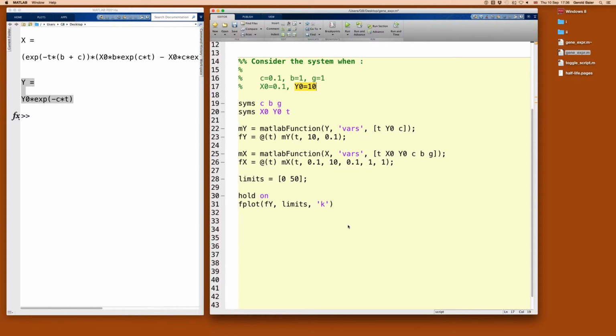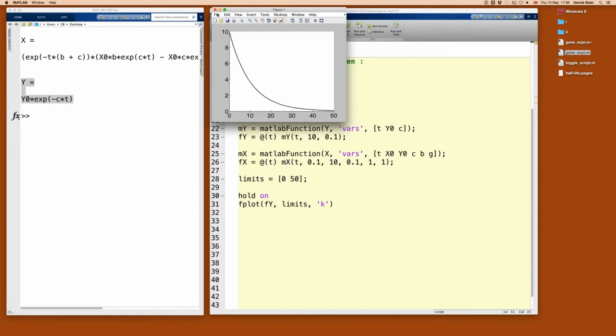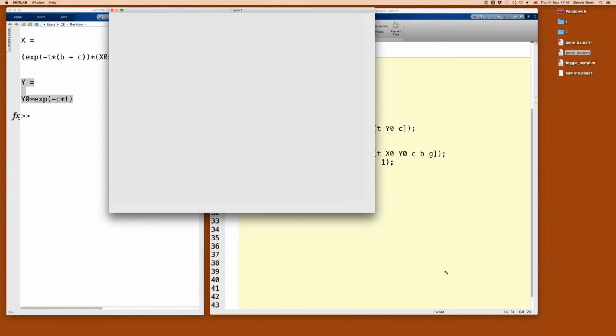And if we know how this function works, we will also not be surprised if it decays to 0, because that's the end of this function mathematically. So it cannot go negative if we start from a positive initial value. So maybe you can just execute the script so far and see whether what we get is also what we expect.